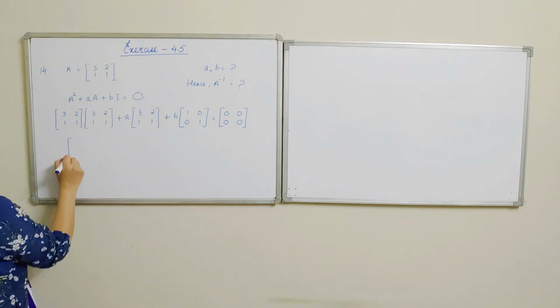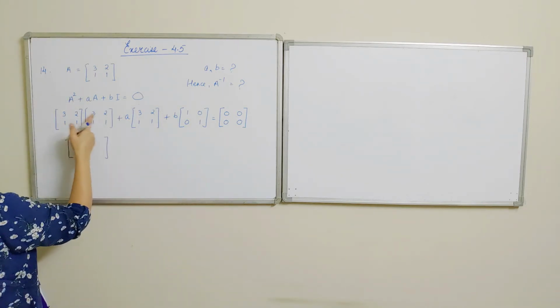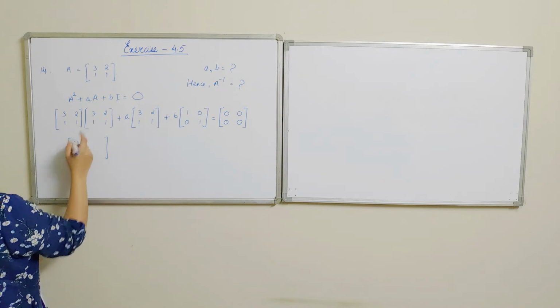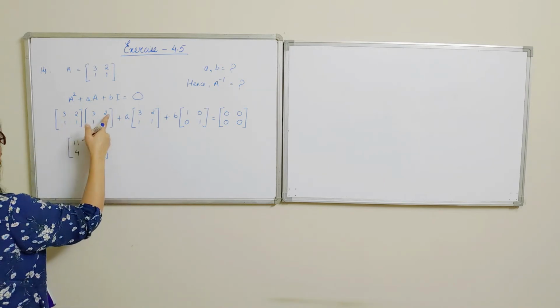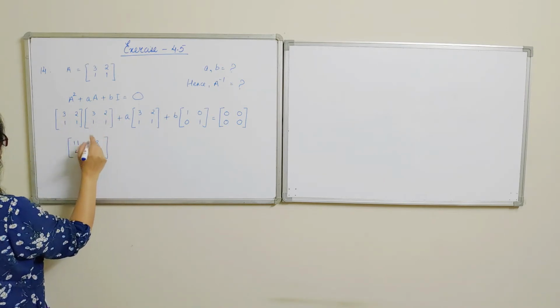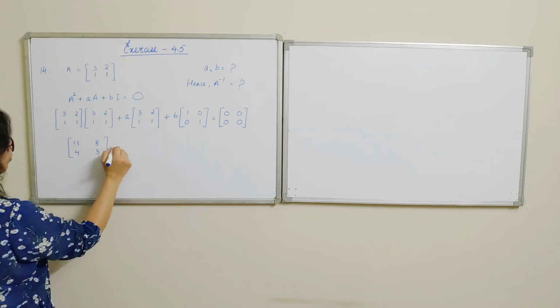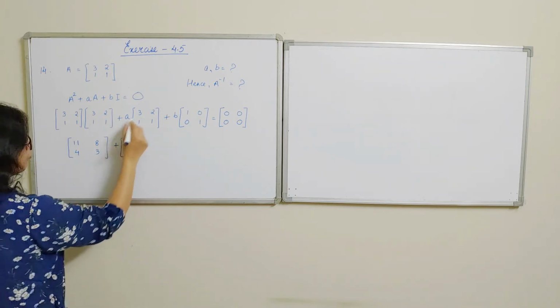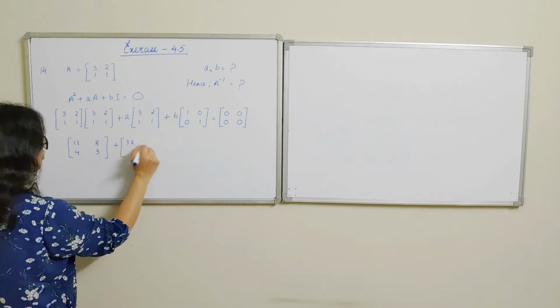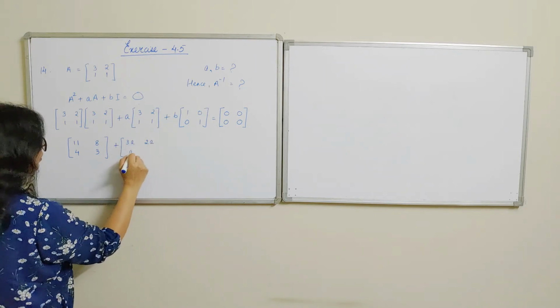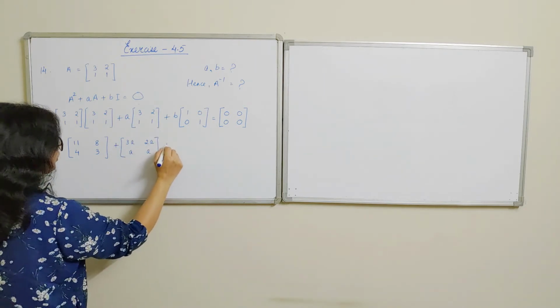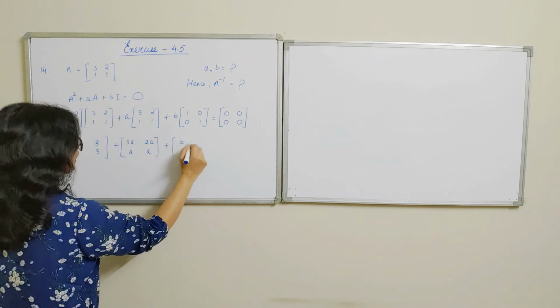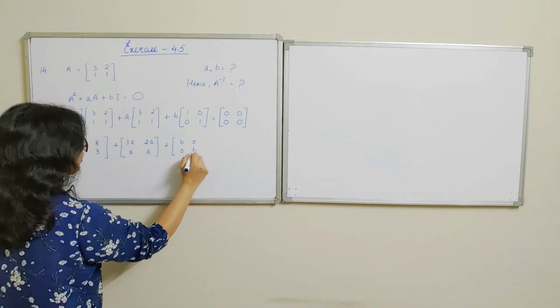So performing this multiplication, what do we get? 9 plus 2, 3 plus 1, here is 6 plus 2 and 2 plus 1. This is A square. Performing scalar multiplication, so multiplying each element of the matrix by a. Here also multiplying each element by b.